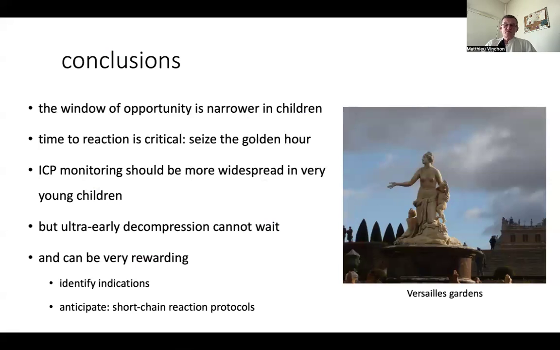Ultra early decompression can be very beneficial for the child, and it cannot wait. It can be a very rewarding surgery. We have to identify the good indications and to anticipate these situations and develop short chain reaction protocols.